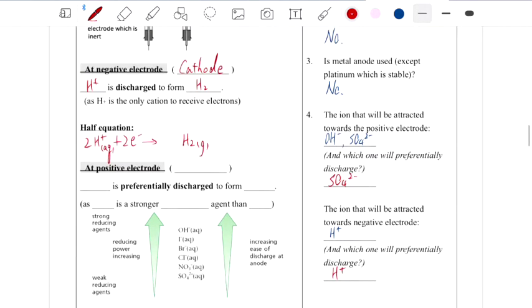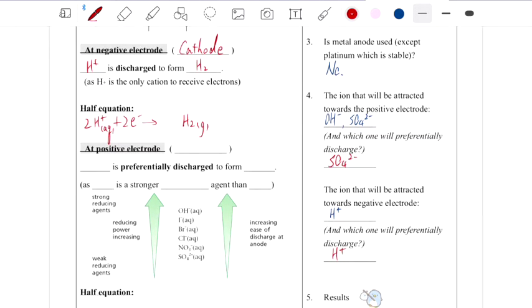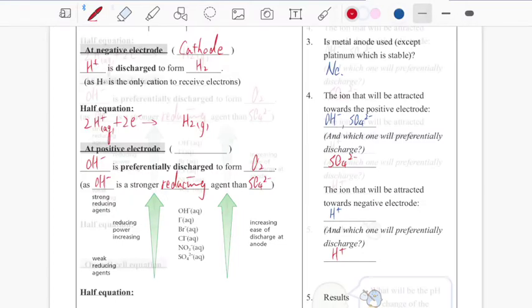And on the positive electrode, the OH minus is preferentially discharged to form oxygen gas. The reason is that the electrochemical series shows us that OH minus is a stronger reducing agent than sulfate ion, so it would be discharged first.